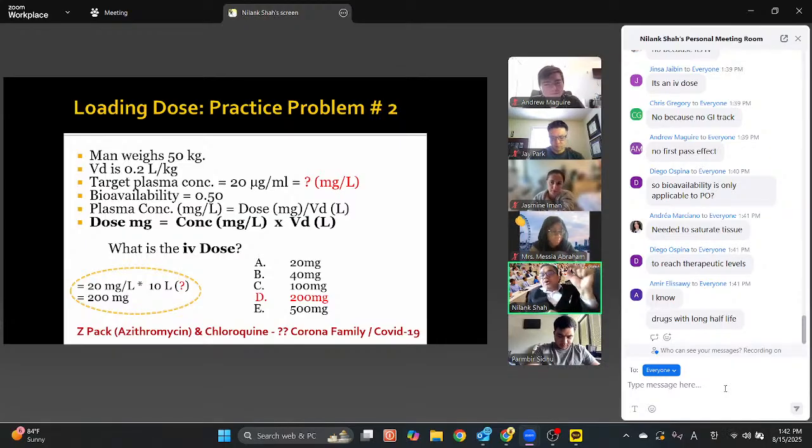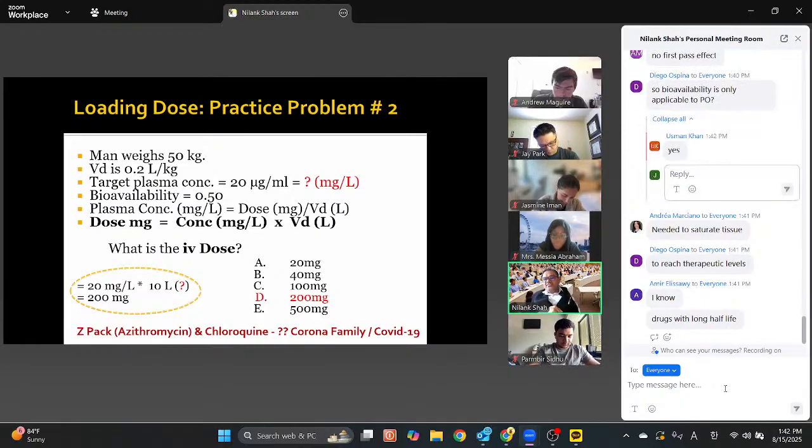So in order to achieve the desired therapeutic drug concentration in plasma, you have to use the drug in loading dose, right? When you inject a drug in a loading dose, you will achieve the desired drug concentration in plasma right away, quickly, spontaneously, rapidly, right?